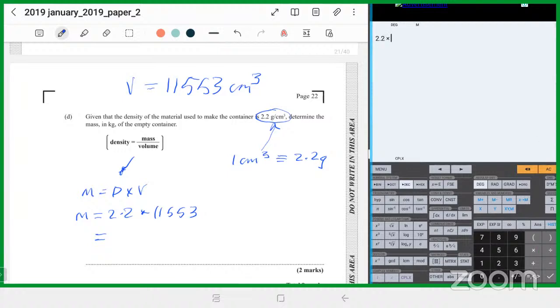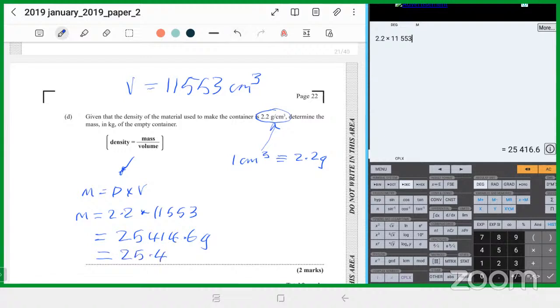So this is 2.2 times 11553. You're getting 25,414.6 grams. To get kilograms, I have to divide by 1,000, so the decimal point is coming here. So I would just give them 25.4 kilograms to 3 significant figures. That would be the mass. Understand that? That would be the answer.